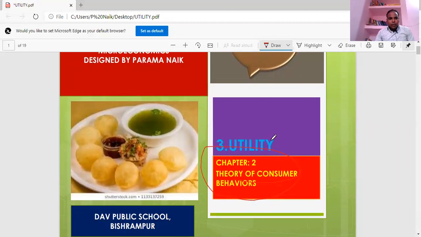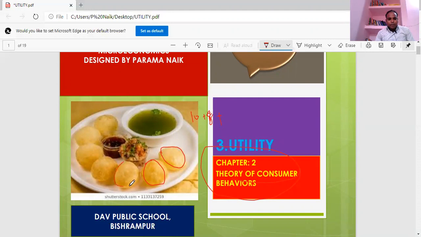Utility is the satisfying power of a commodity. Suppose I have taken this big pani puri. If you are taking one pani puri, first one, you are getting 10 utility. Taking the second, then you are getting 8 utility.